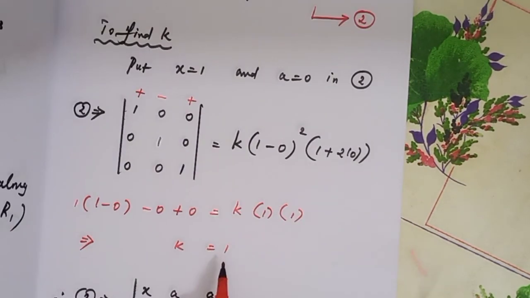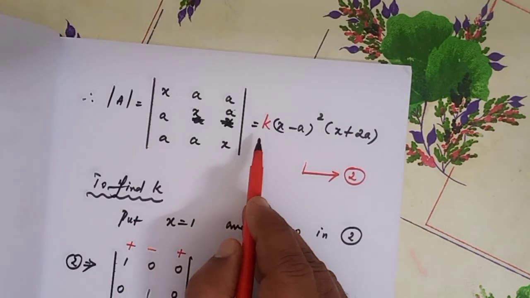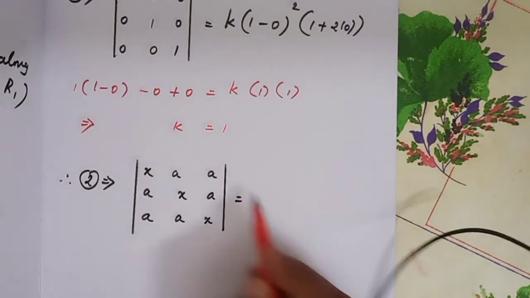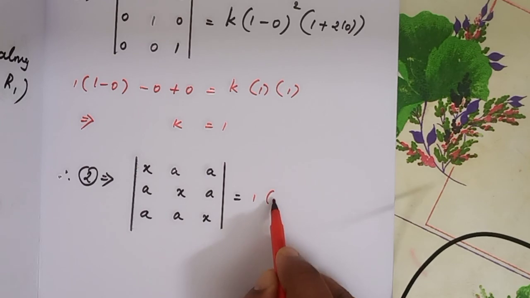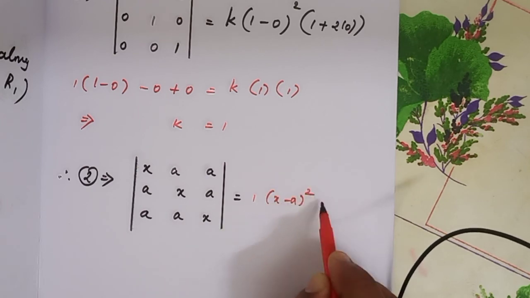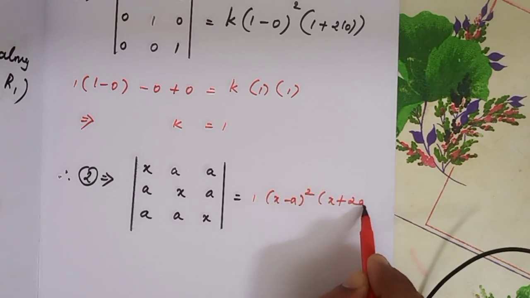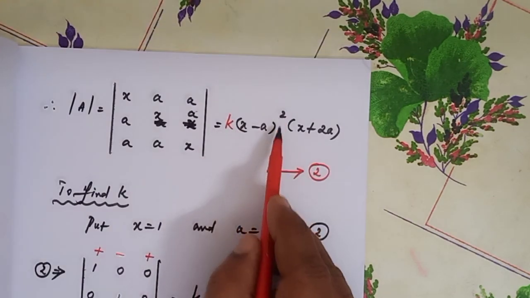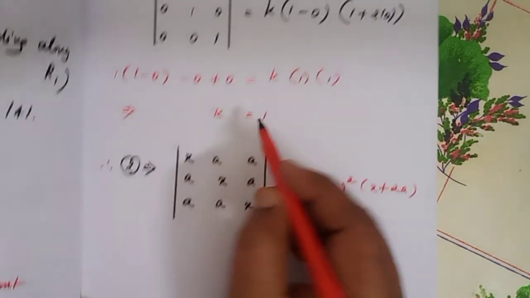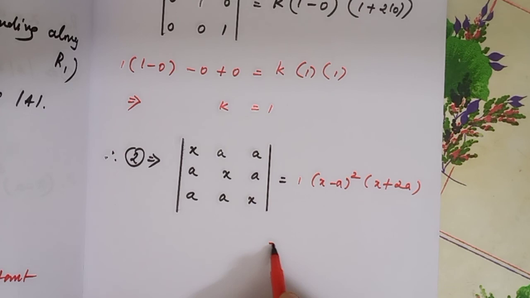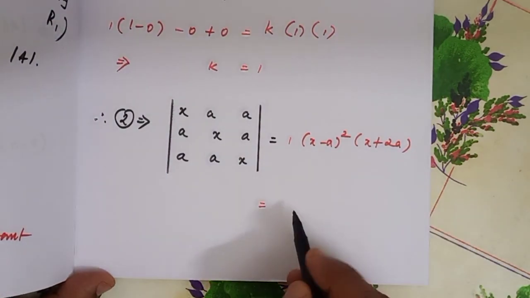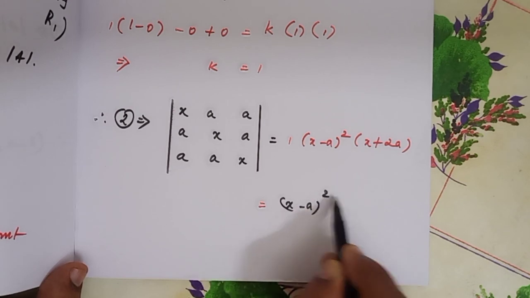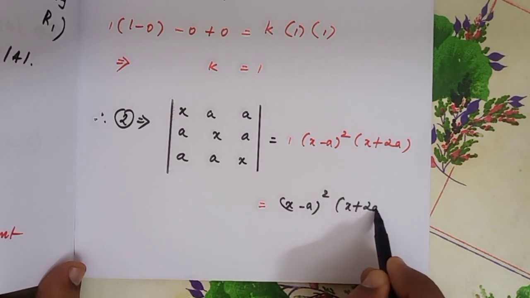K is equal to 1, correct? If we replace 1 over here, 1 into x minus a the whole square into x plus 2a. 1 into anything is the same thing, so you'll be getting x minus a the whole square into x plus 2a.